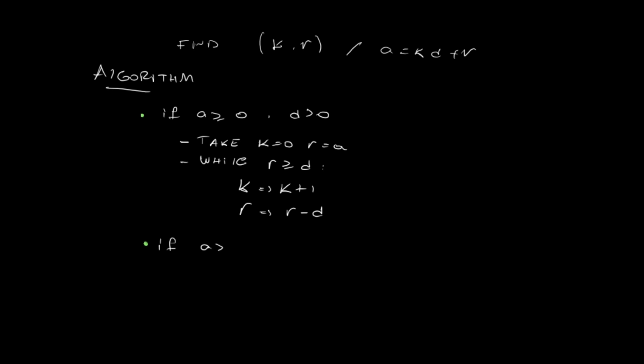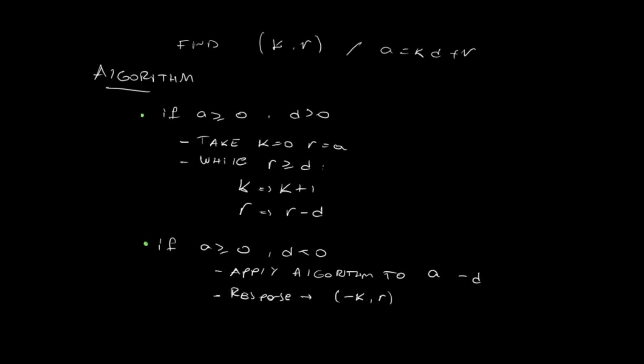If A is greater than or equal to 0 and D is negative, then apply the algorithm to A and minus D, and your response, the final result, will be minus K, R. So what you do is you say, okay, I'm just going to assume for the moment that D was positive.